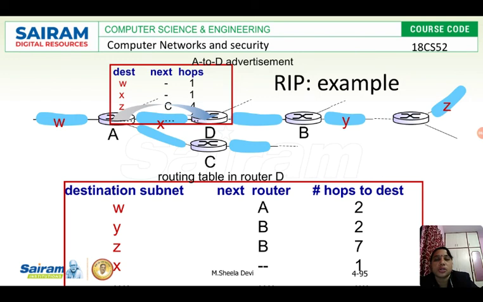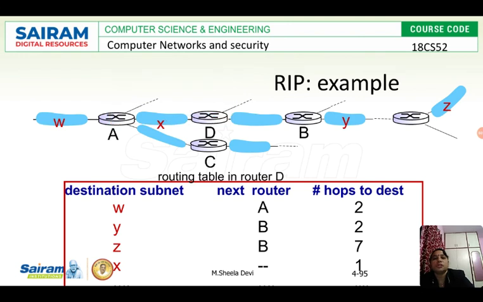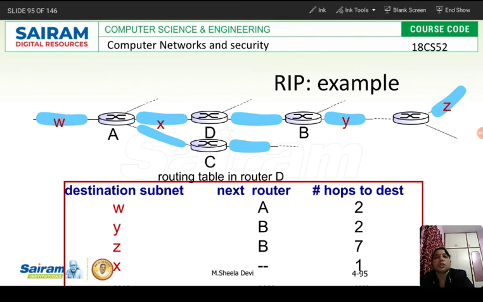So what D does is, it finds that it is going to modify its table, like through A, let it send the packet and reach the Z. So from D to A, what is the cost? From D to A the cost is 1. Already it advertised that A can reach Z with the routing cost 4.